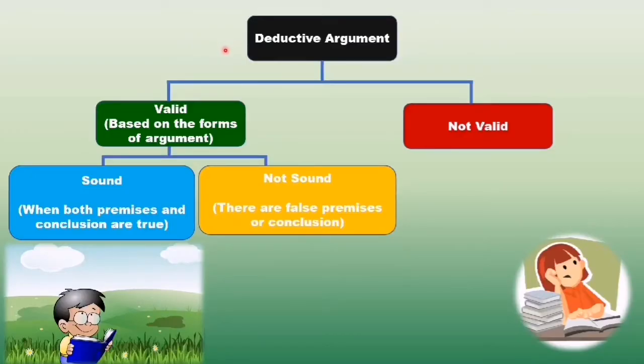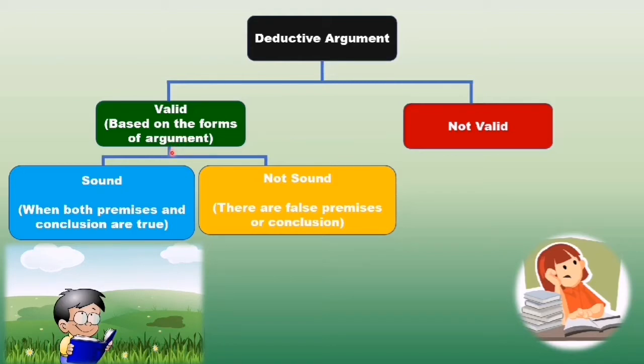After we learn the three forms of argument, we need to determine whether the deductive argument is valid or not valid. The validity of an argument is determined based on the form of argument. The argument is valid if it complies with any of the three forms of deductive argument.